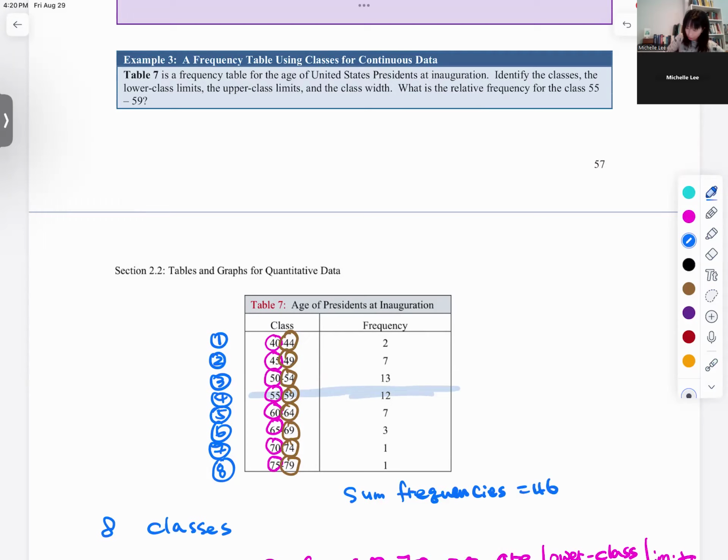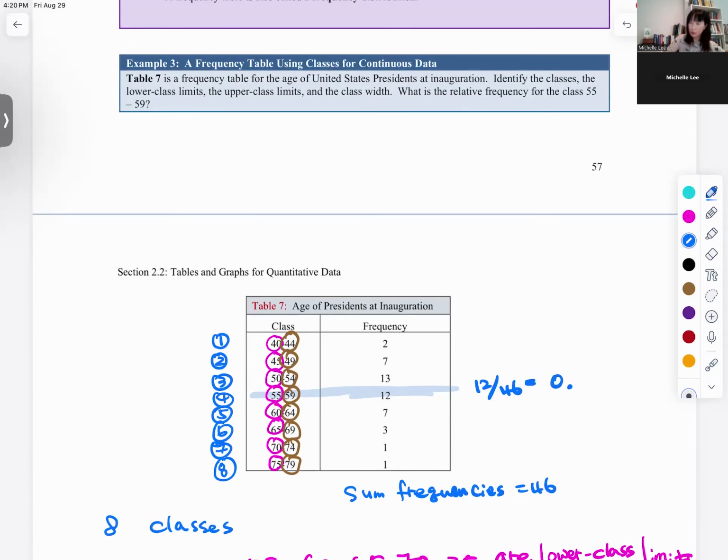Then 12 divided by 46. Can you please calculate? It's 0.2609. So we can say 0.26. This is a decimal.